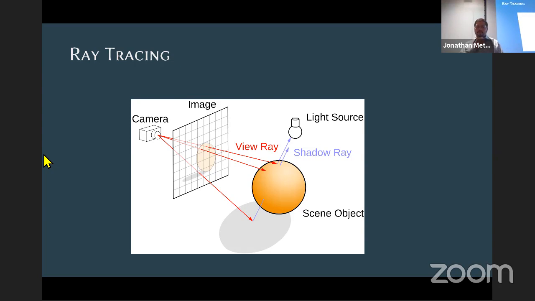So ray tracing. The idea here is we have a camera, we have light sources, we have objects, we have a screen, and we'd like to be able to sample the image, which we would call the image viewing plane, by shooting rays either from the light source or the camera. If we go from the camera, we call it backwards ray tracing.